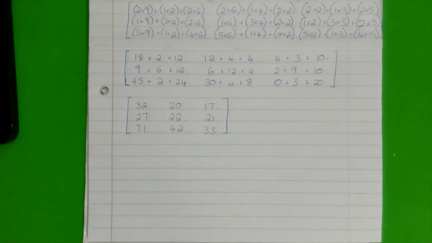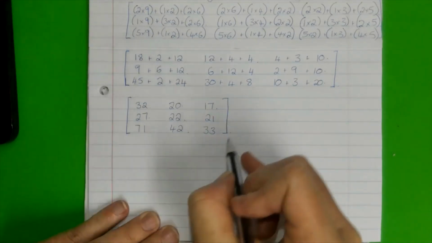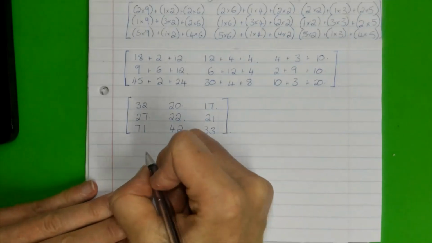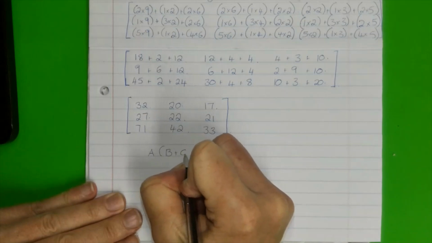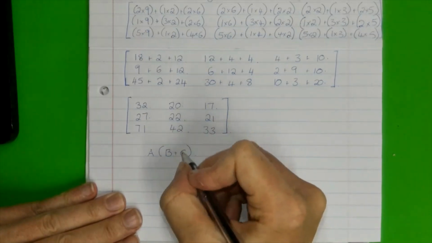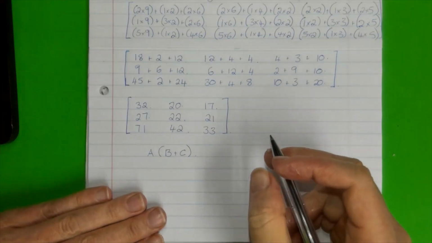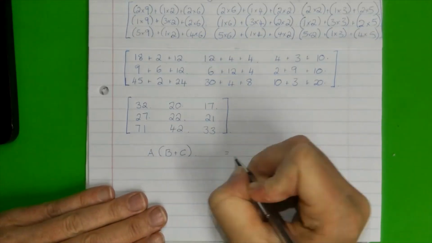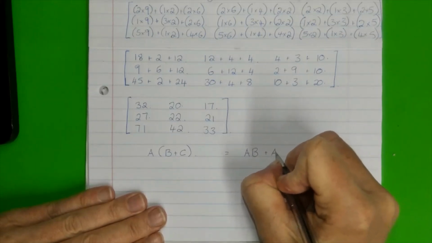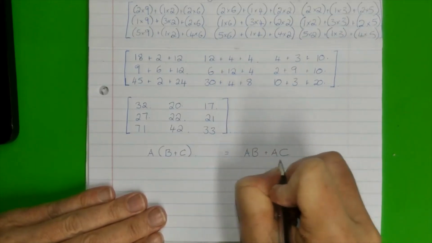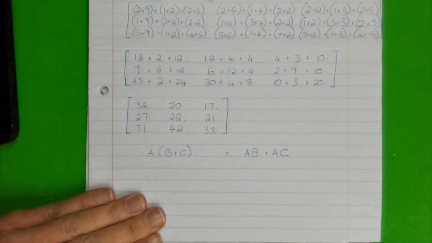Okay, so we're really only halfway through now, but this is the answer to the calculation. The next step is now to calculate and show that AB plus AC will give us the same answer as that.